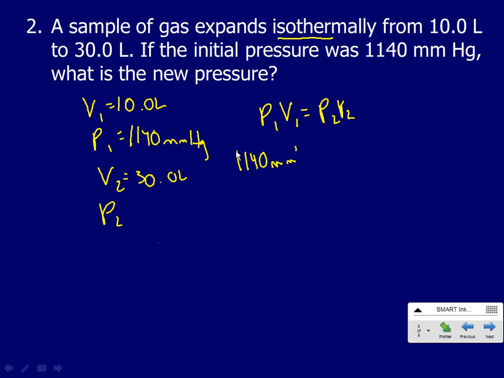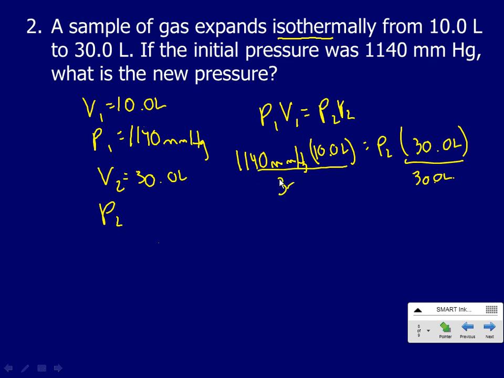1140 millimeters of mercury, volume 10 liters. P2 is what we want, with 30 liters. Divide off the 30 liters. Sorry, I didn't want to get rid of the 10.